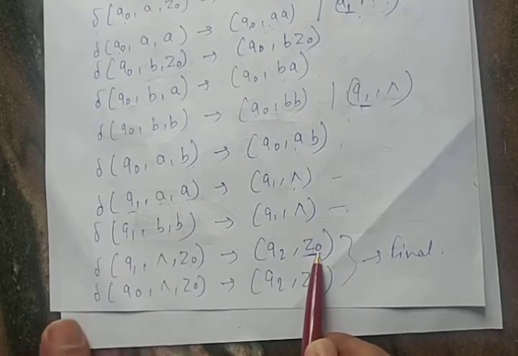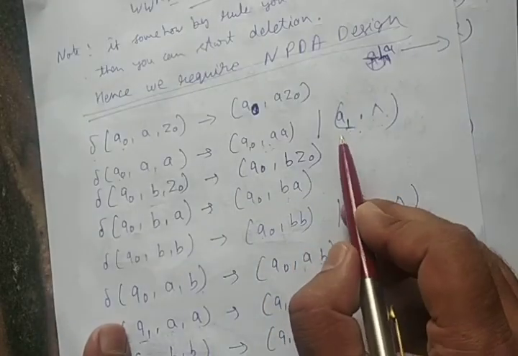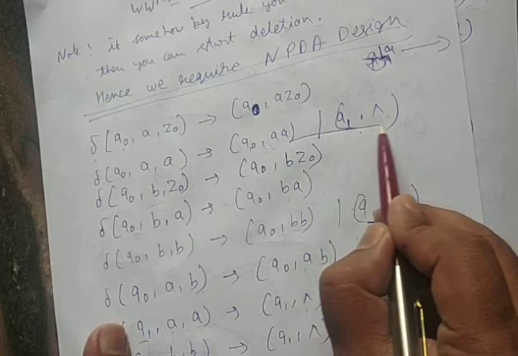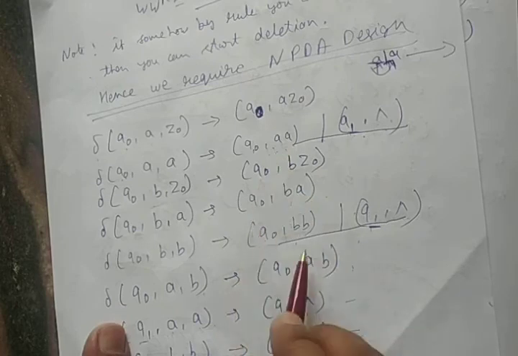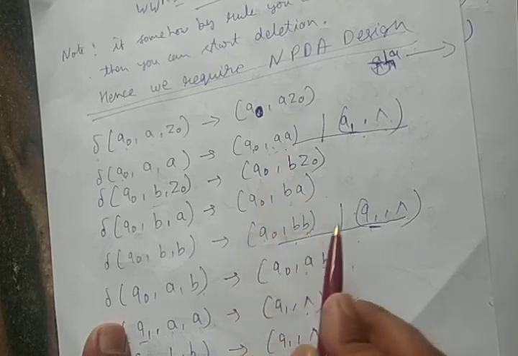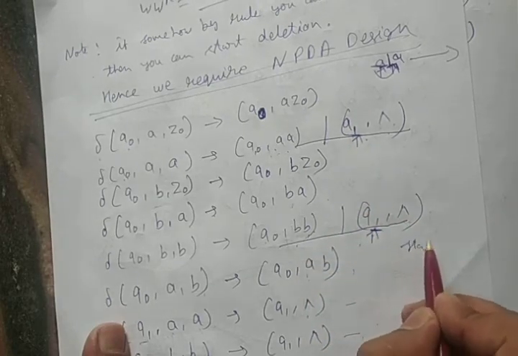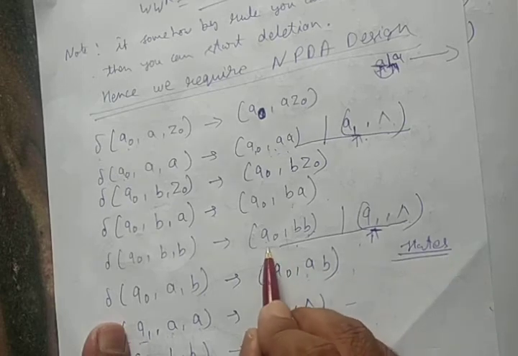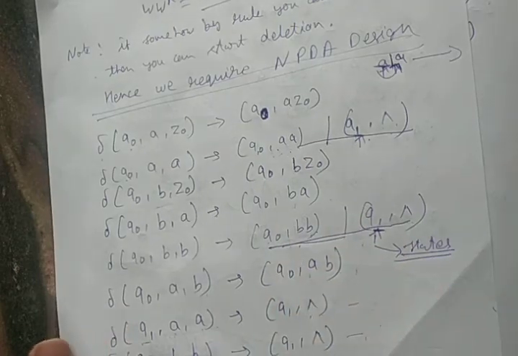I hope you got how to proceed with non-deterministic push-down automata. We need to make choices, and we need to be very careful about where we give the choice, and once we have given it, be careful with your state movement, so that states change for different operations. Here is one tip about when to change the state.